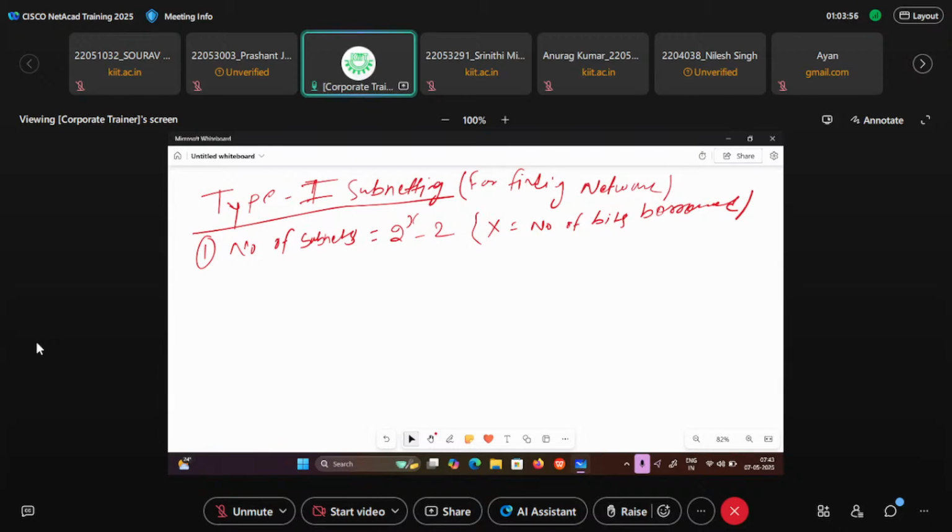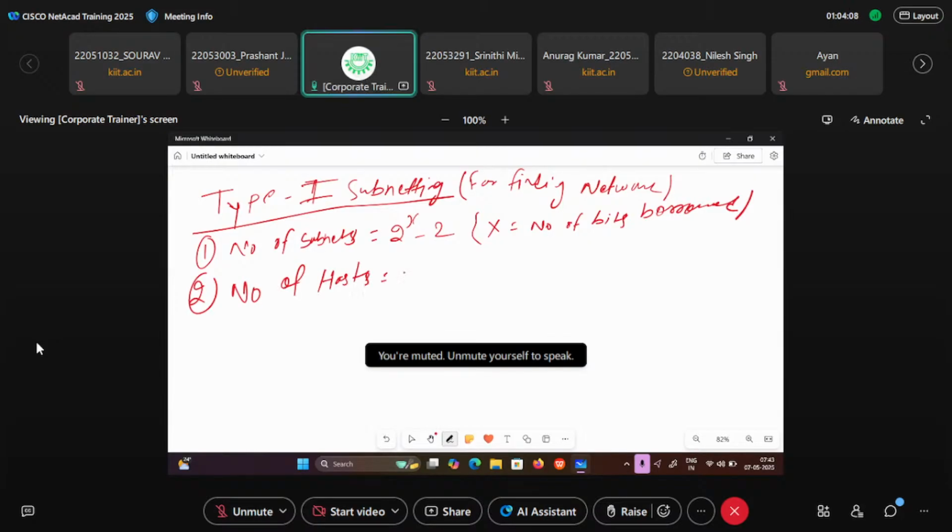Second thing is that I have to calculate the number of hosts. Suppose you want to calculate the number of hosts. So the number of hosts is equal to 2 raised to the power y minus 2. And here y is what? It's the number of zeros. Remember this. For finding the subnet, the formula is 2 raised to the power x minus 2.